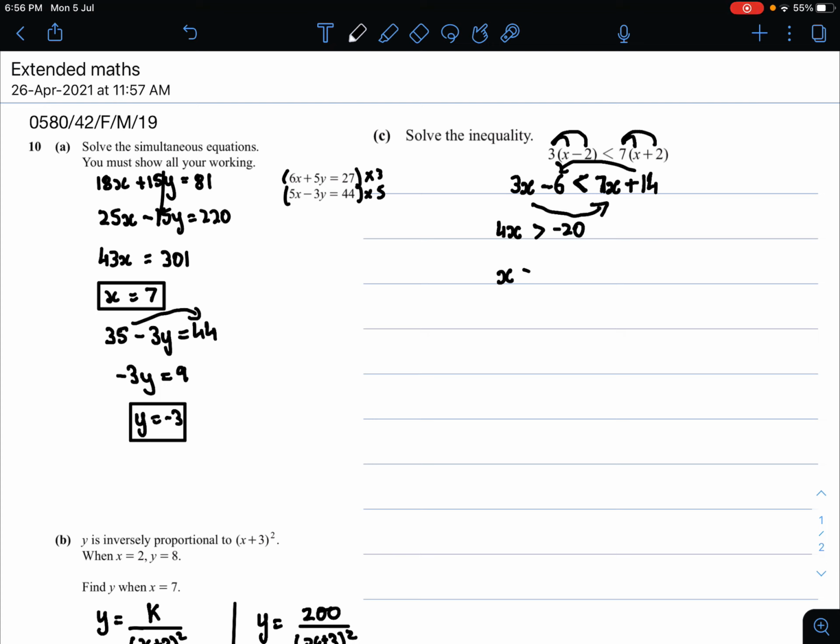Therefore x is greater than, you can take the 4 to the other side, multiplication becomes division when you take it from one side to the other, so minus 20 divided by 4, and therefore your final answer will be x is greater than minus 5.